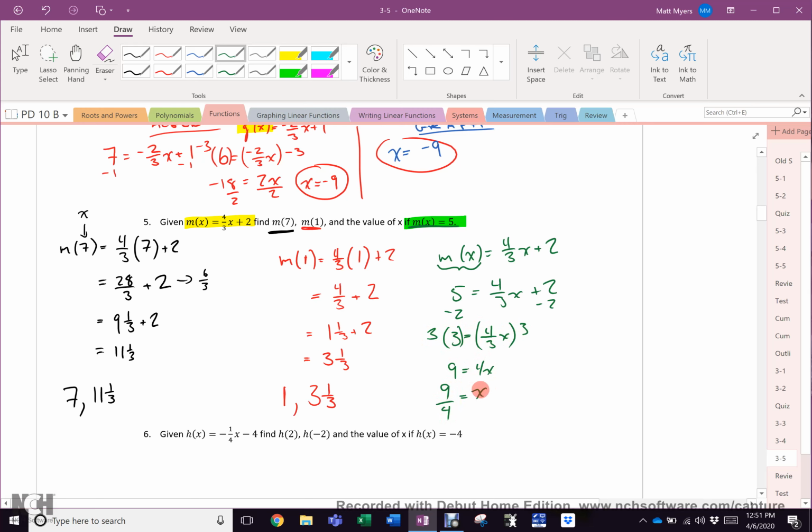So then, if x is 9/4, 9/4 and 5. Those are the same things.